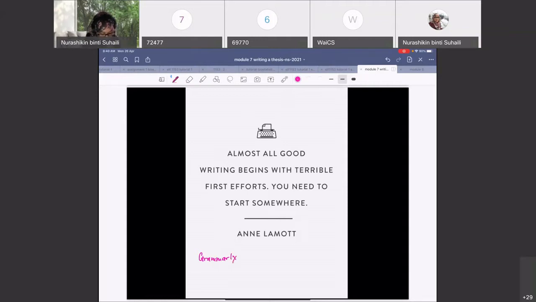It's a web-based software, and it's free. Of course, there is a premium version, but you can adopt the free version, and I think it's fine for your application. So what this Grammarly does, it will detect the grammatical errors.